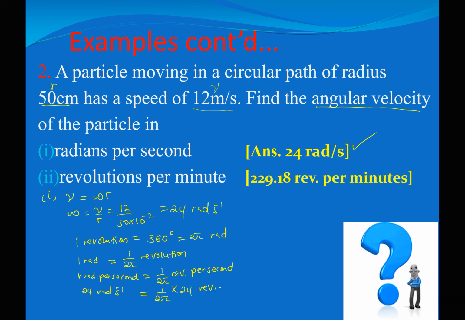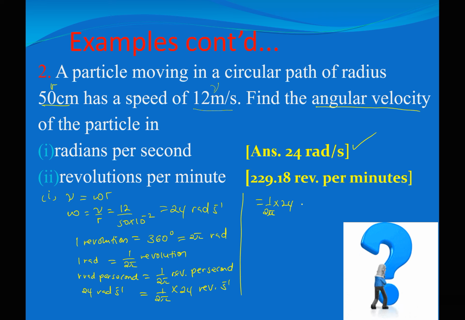So this is revolutions per second. But we want the answer to be revolutions per minute. So remember, 1 minute is 60 seconds. So this is going to be the same as 1 over 2 pi times 24.